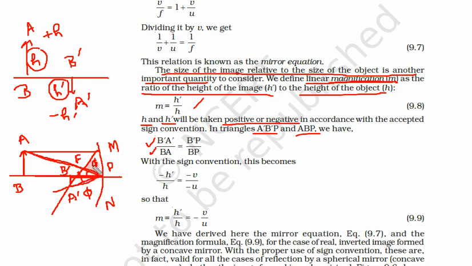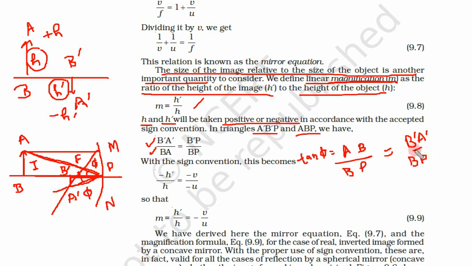From the law of reflection, these two angles must be equal. So in the first triangle, let us write tan phi. Tan phi is nothing but AB upon this total distance BP. In the second triangle, it is B dash A dash divided by B dash P.